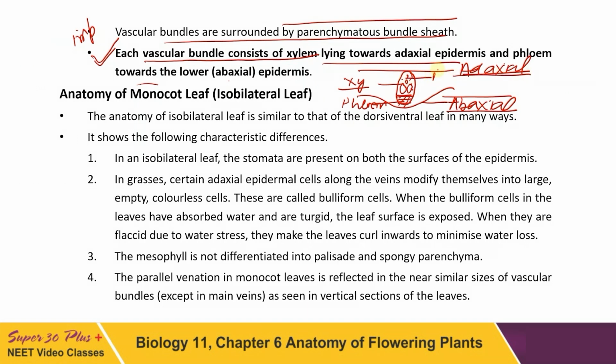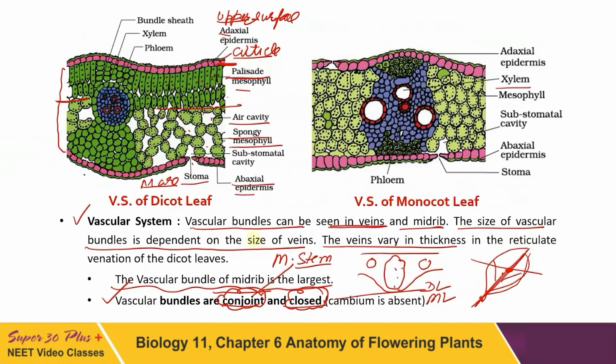The protoxylem faces towards the upper epidermis. Is it clear? Come to the anatomy of the monocot leaf. Before we proceed, see the monocot leaf. You know that sometimes it may have one thick vein. It has so many veins of the same thickness.